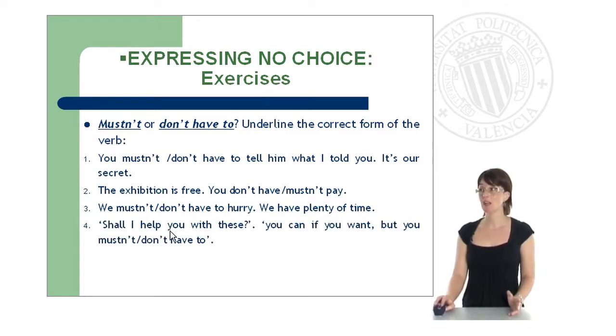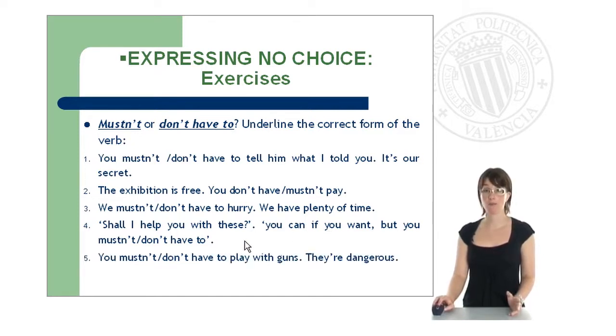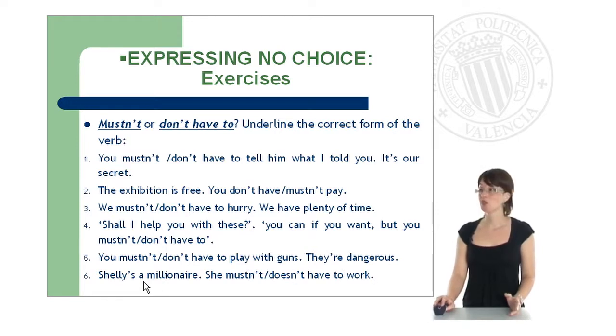Number 4. Shall I help you with this? You can if you want, but you don't have to. Number 5. You don't have to play with guns. They're dangerous. And the last one, Shelley's a millionaire. She doesn't have to work. So have a look at these sentences and you have to decide if they convey a prohibition or no necessity.